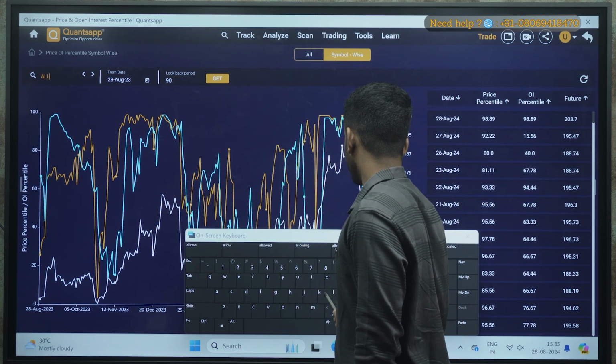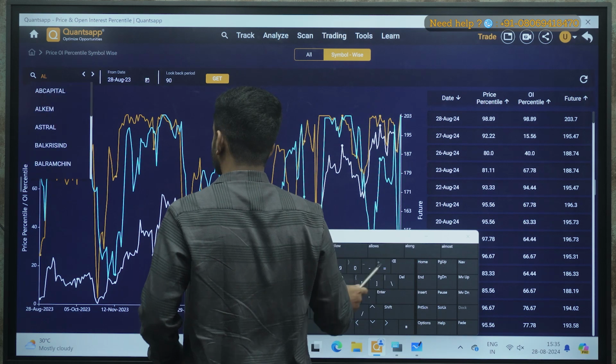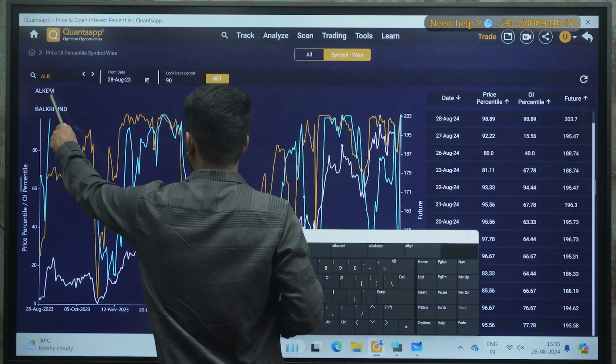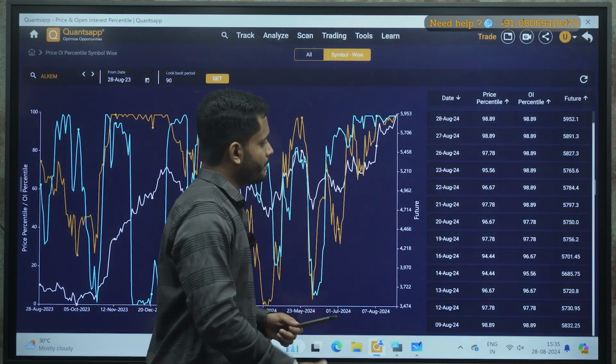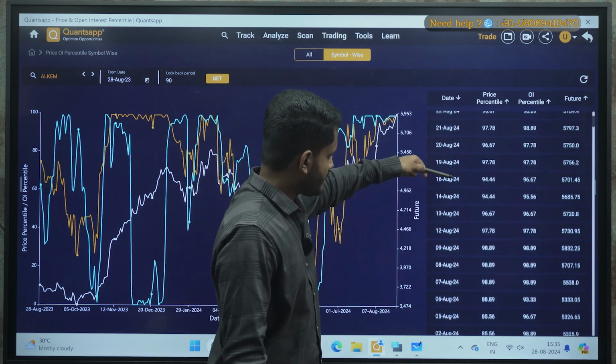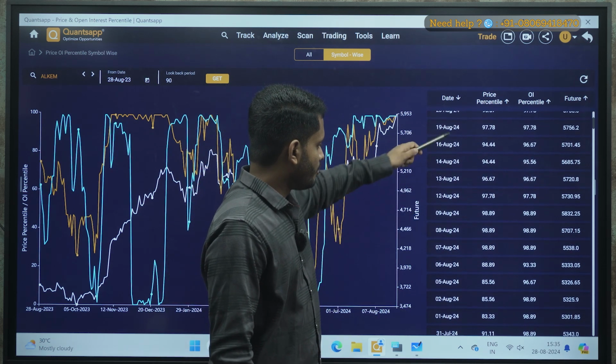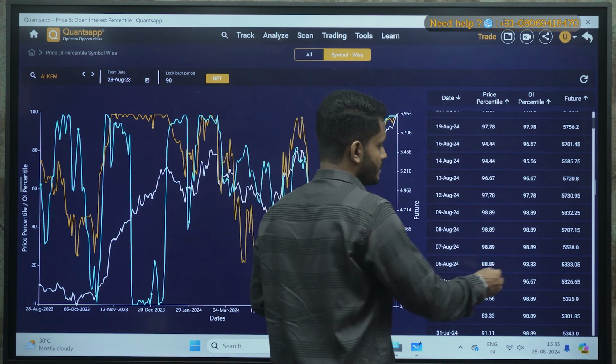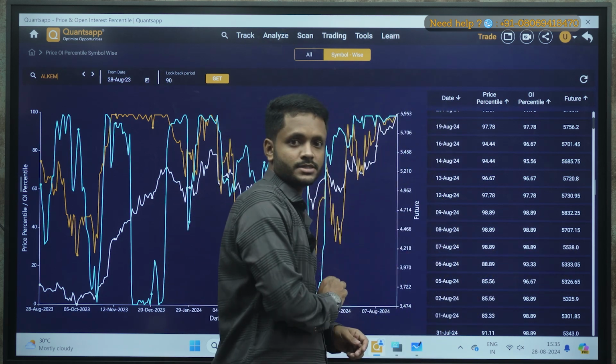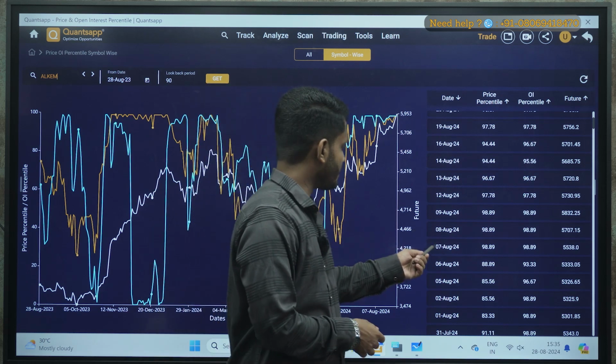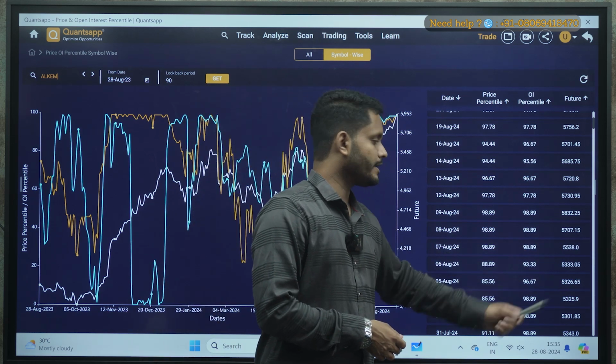Let me plot Alchem and check when price and OI both hit 90. Price and OI both cross 90 at 5,538, that is on the 7th of August. In Alchem, the trade got triggered at 5538 on the 7th of August.